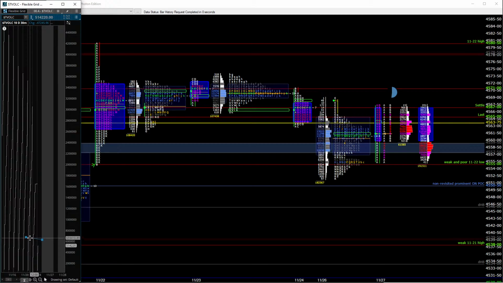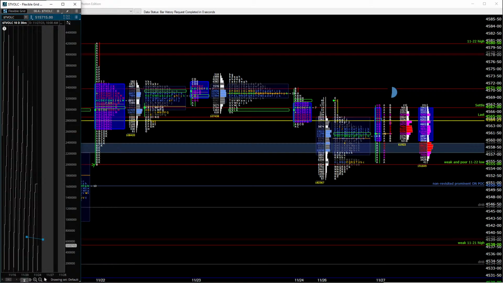Volume is decreasing here. The market tried to go lower and didn't have volume. Let's see now that the market tries to go higher, if volume increases here. Notice the tempo, right? Now that the market is going lower, after the market took last and settled, there's a pullback here.